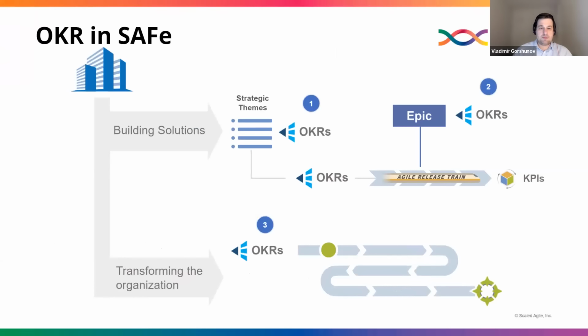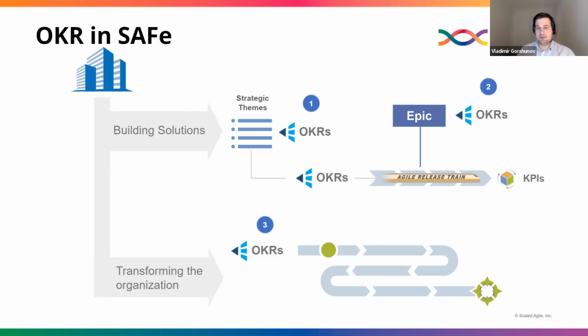So first of all, there is a good example from Scaled Agile framework. So basically, when we are working on the enterprise level and we're building solutions, we have strategy. We define strategy on the organizational level, and to bridge the gap between the strategy and execution, we have strategic teams.